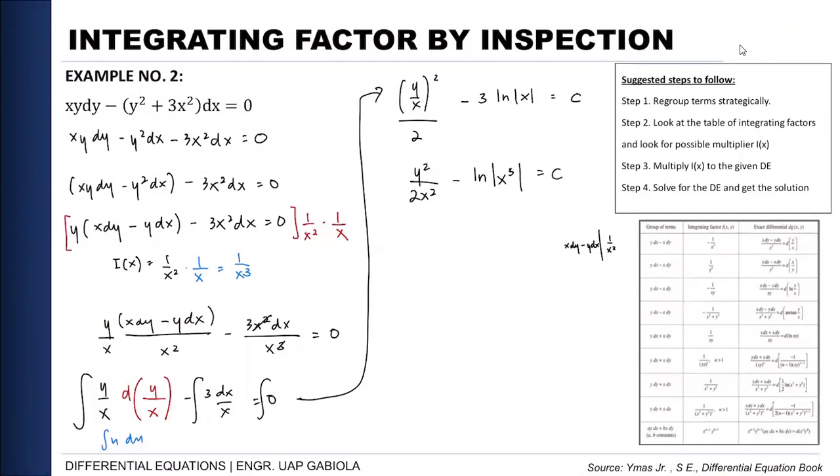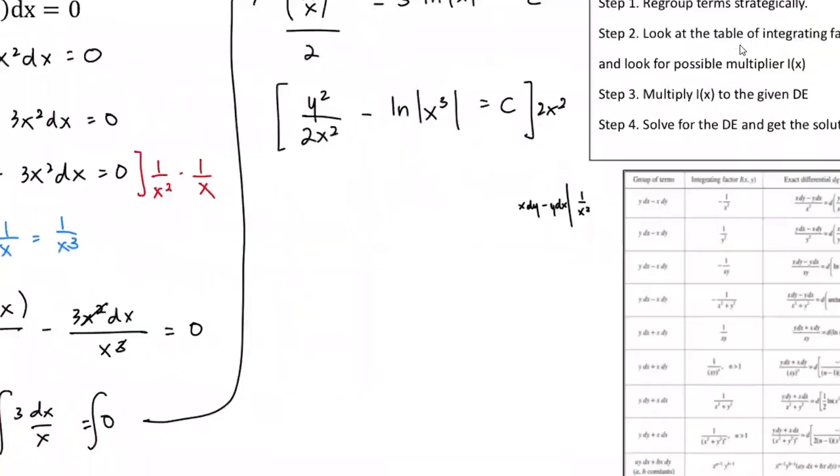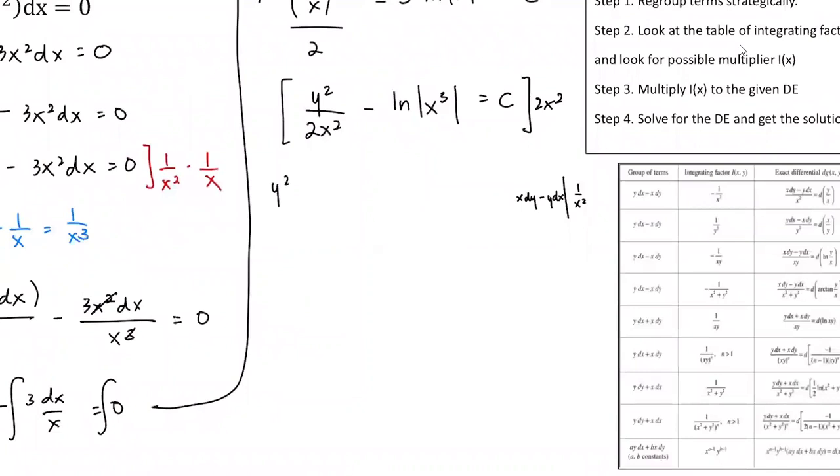So to simplify this, we can just multiply both sides by 2x squared. So we have y squared minus 2x squared ln of x cubed is equals to 2x squared c. So another solution, we can transpose the other one.